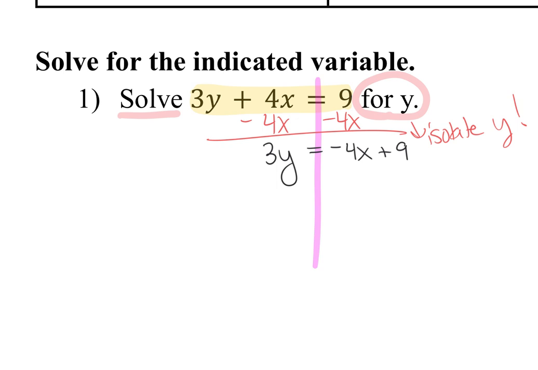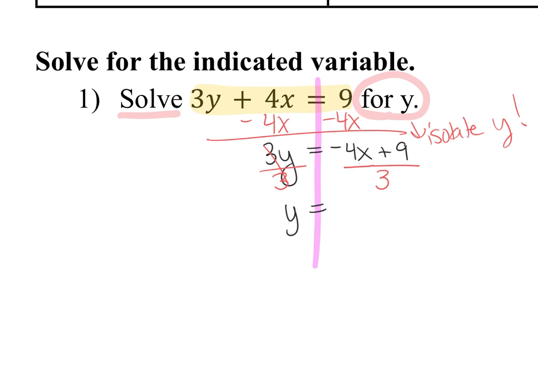Now that the 3y is by itself, I want the y completely by itself. I want to undo this 3y. How do I undo a 3y? Yeah, divide. Divide by 3. That means that everything on both sides gets divided by 3. So now I have 1y, which is just y, right?